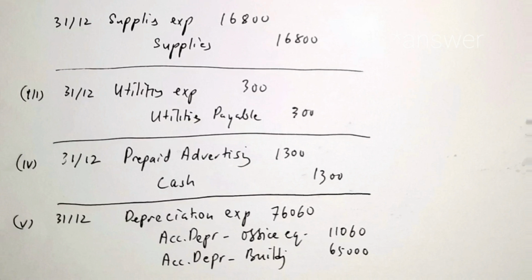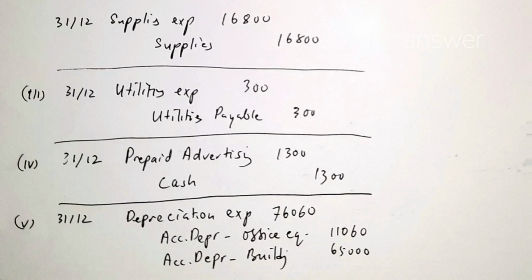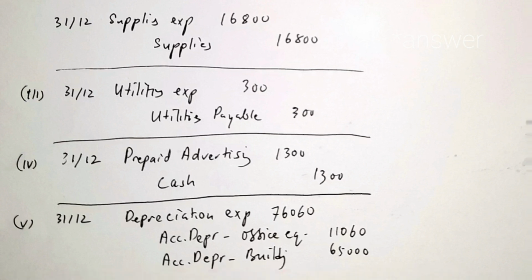And the last information is related to depreciation. Like I told you earlier, the adjusting entry for depreciation is straightforward. First, you have to debit the depreciation expense, and then you have to credit the accumulated depreciation account.